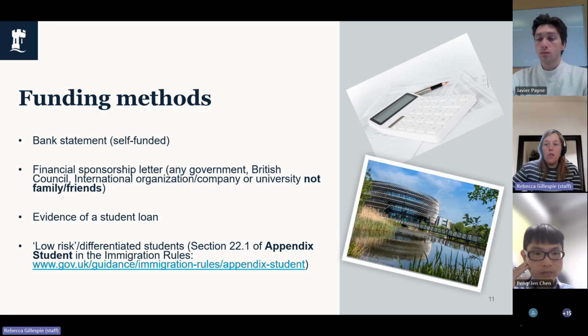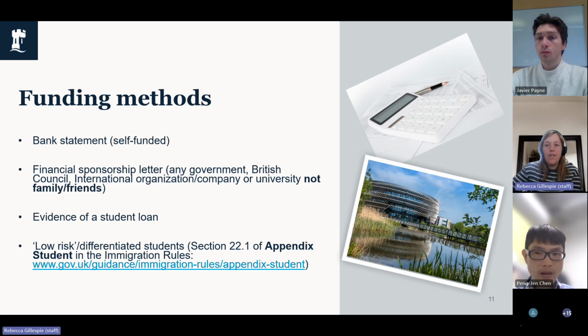This account can belong to you or your parents or legal guardians. You cannot rely on bank accounts from extended family, such as aunts or uncles. This will not meet the student visa financial evidence requirements. Funds should be in cash, which can be immediately accessed.